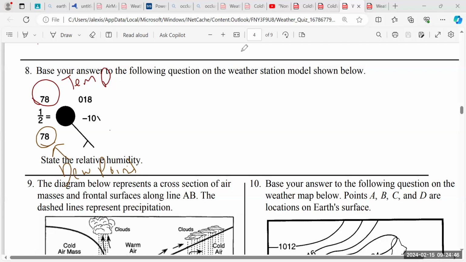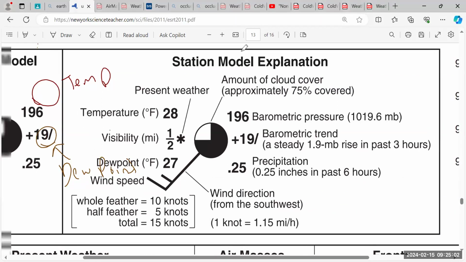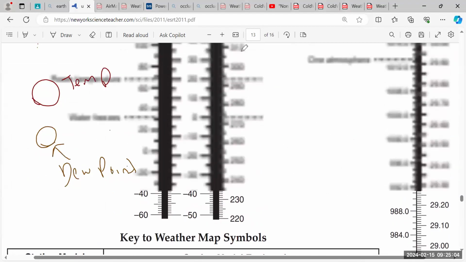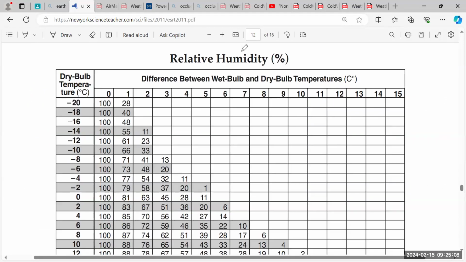What happens when the temp and the dew point are equal to each other? Well, when the temperature and the dew point are equal to each other, there's only one thing that we can see, and I'll prove it on the reference tables, all right? If we go to page 12, all right?